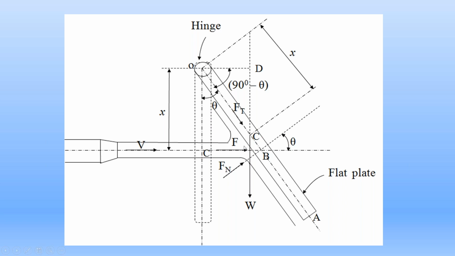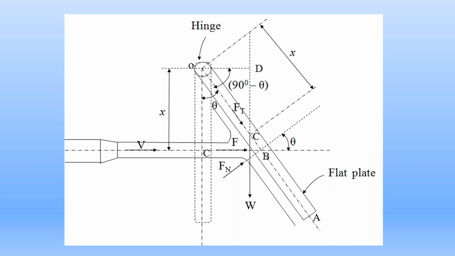In condition 1, by using Newton's second law, Fx is equal to rho a v square.